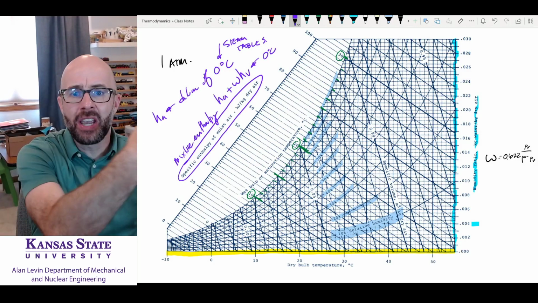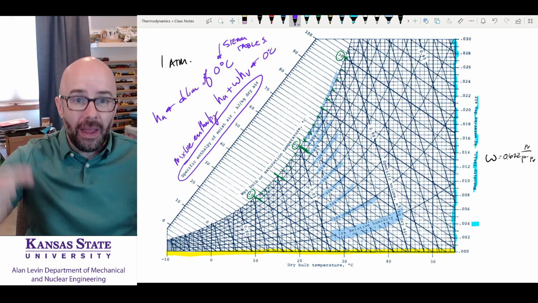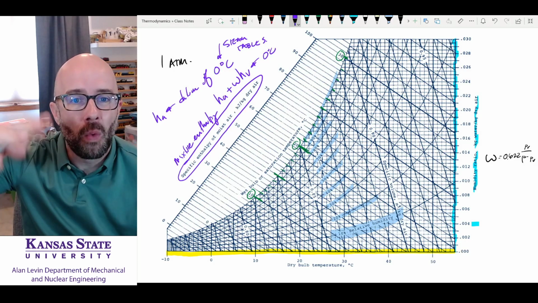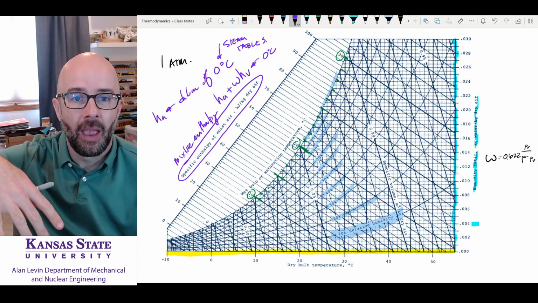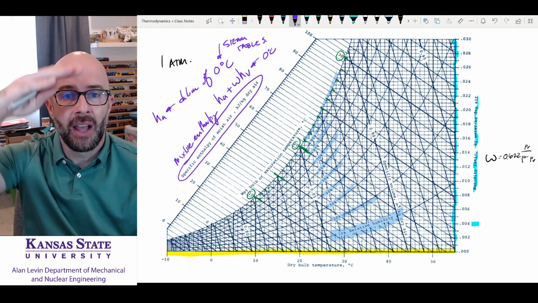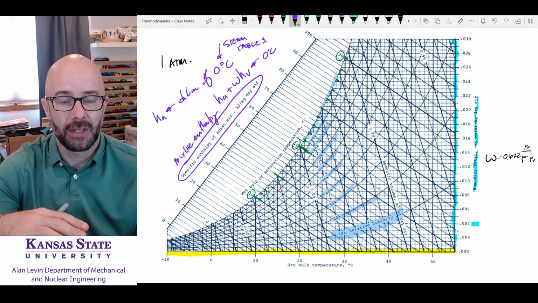Everything's mirrored. We can use this psychrometric chart with the steam tables if we wanted to figure out something about when liquid water is coming out of here. So that's where they do that. They want to be able to use this psychrometric chart in condensation. So that's where they make that datum to be 0 degrees Celsius.